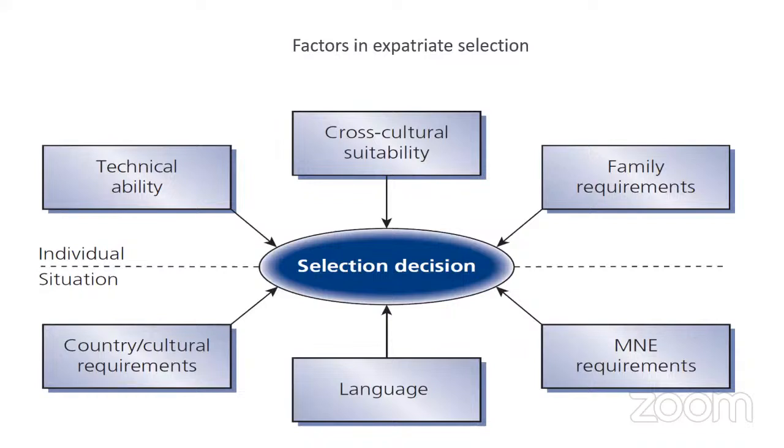Now, this one is very important. What are the factors in expatriate selection? Cross-cultural suitability, family requirements, MNE requirements, language, country cultural requirements, and technical ability. We will start with technical ability and cross-cultural suitability.